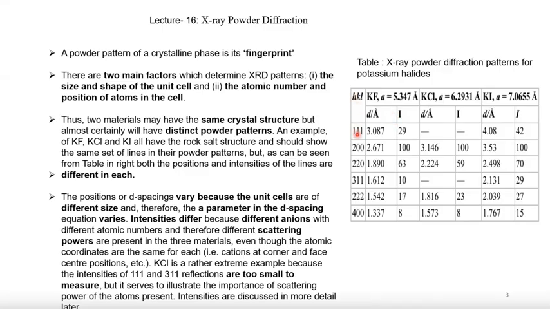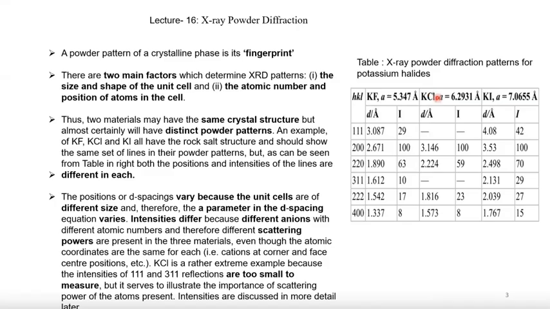These are the HKL values. They mean the different planes in the sample. And then these are the d values in angstrom. And that is the arbitrary, I would say not so arbitrary, intensity of this plane. So you can see that in potassium fluoride we have all these planes. The d values decrease with higher Miller indices, and the intensity also.